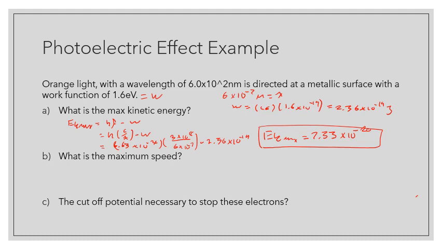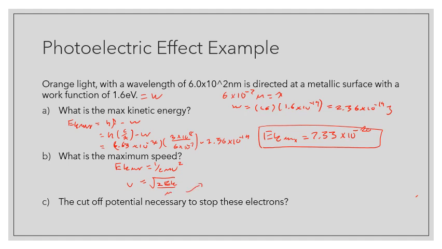So now we have to find the maximum speed. Let's do Ek max is equal to 1/2 mv squared. So we rearrange: v is equal to the square root of 2 times Ek over m.